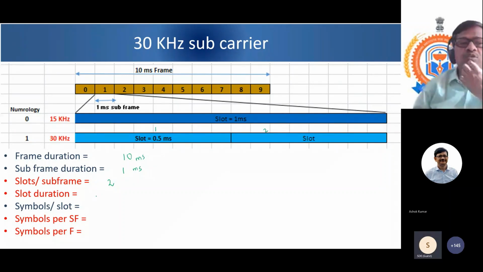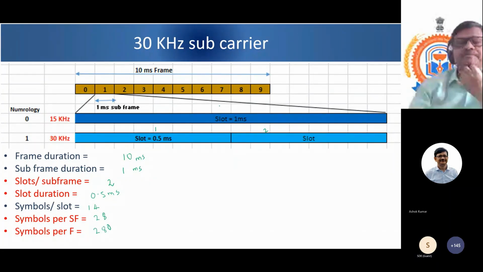Then what is the slot duration? 1 by 2 millisecond, 0.5 millisecond. Then how many symbols per slot? 14. How many symbols per subframe? 28. And per frame? 280.